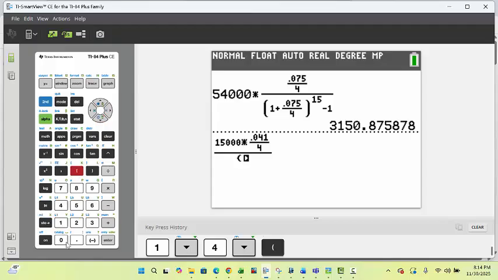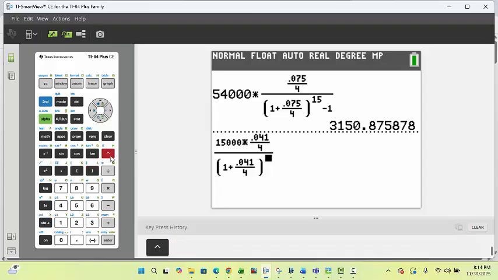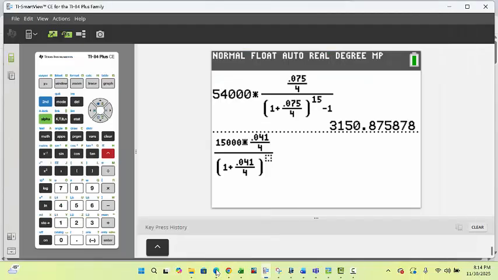In the bottom, we're going to have 1 plus 0.041. Make that a fraction. And then our exponent is you have to add 1 to it. So it was 44 payments, 11 times 4. It's n plus 1, so we make that 45.